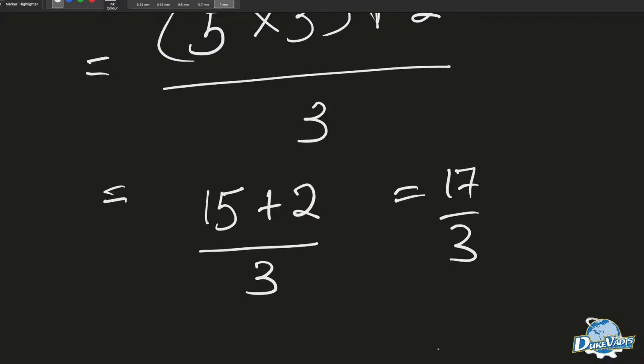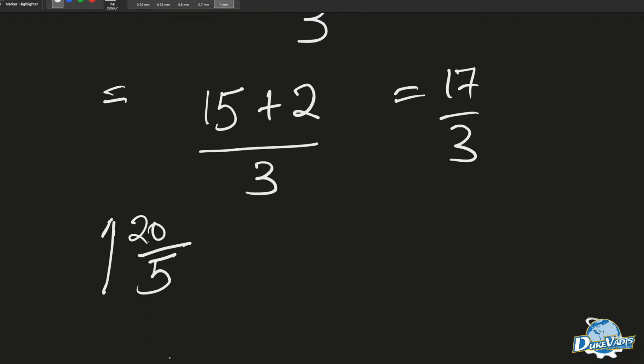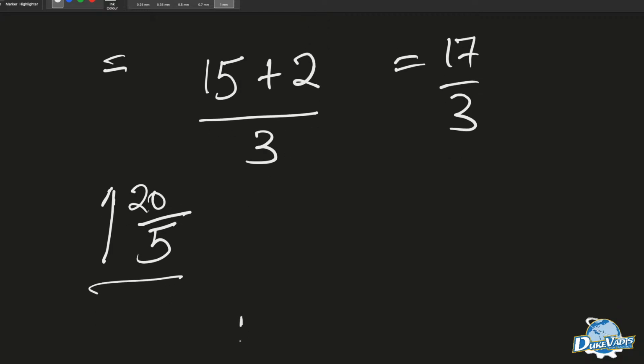Okay? Now, let's try one more. Let's convert one whole number, 20 over 5. How do we solve this one? So our question, one whole number, 20 over 5.